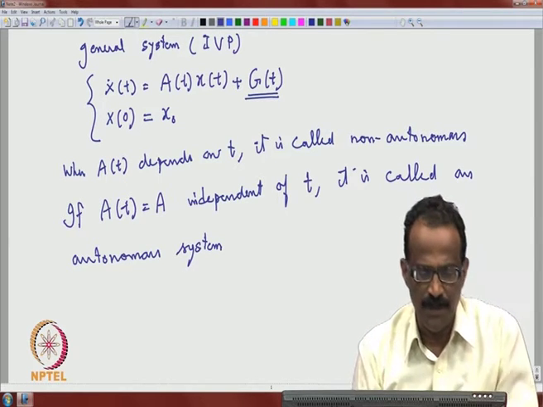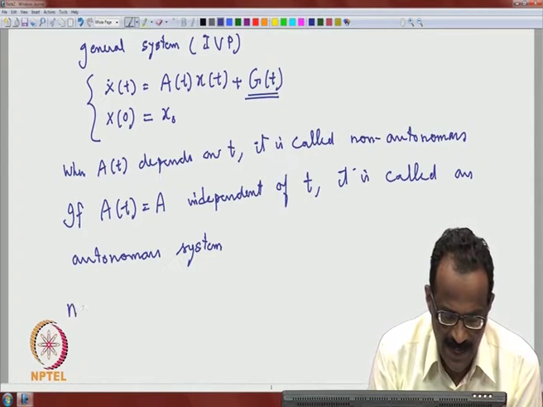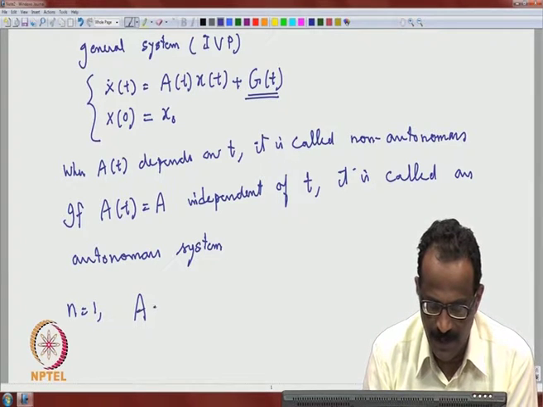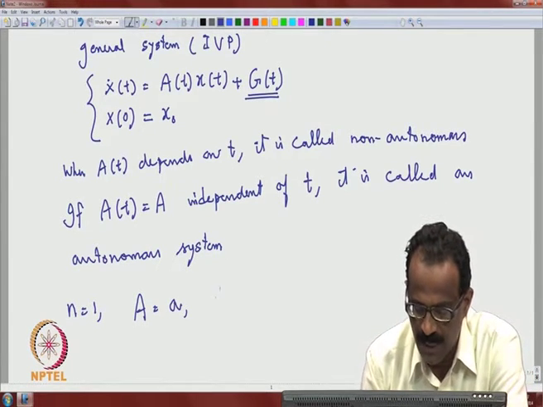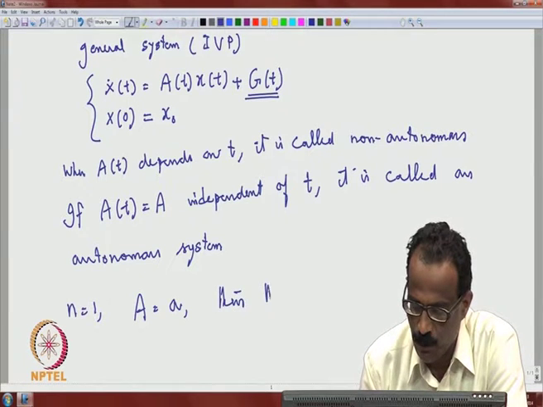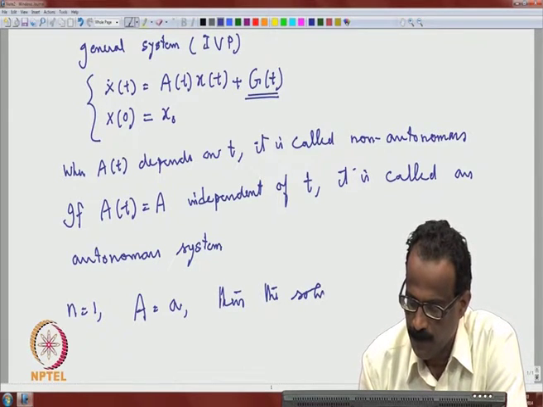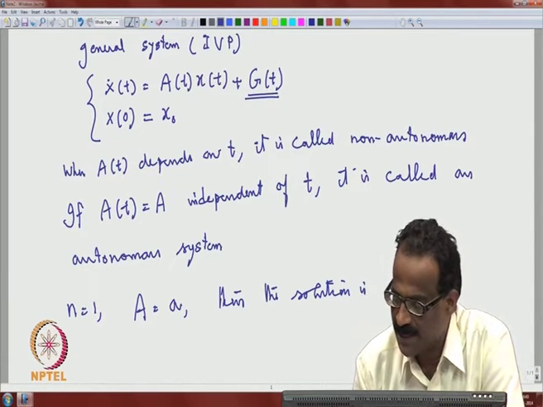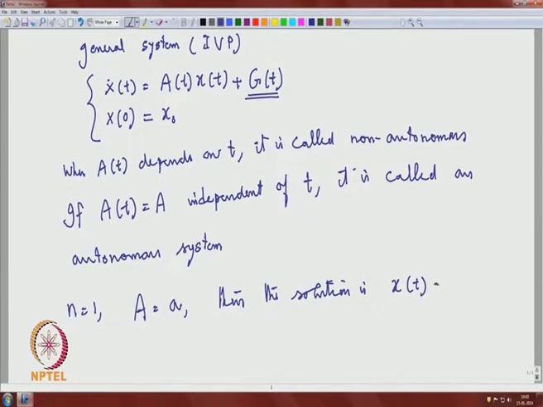Our major aim: if you look at the case n equal to 1, that means A is equal to a scalar, then the solution, you know already, is x(t) equal to e^{ta} into x naught. So, we want to represent the solution for an autonomous system, if possible, in this form.